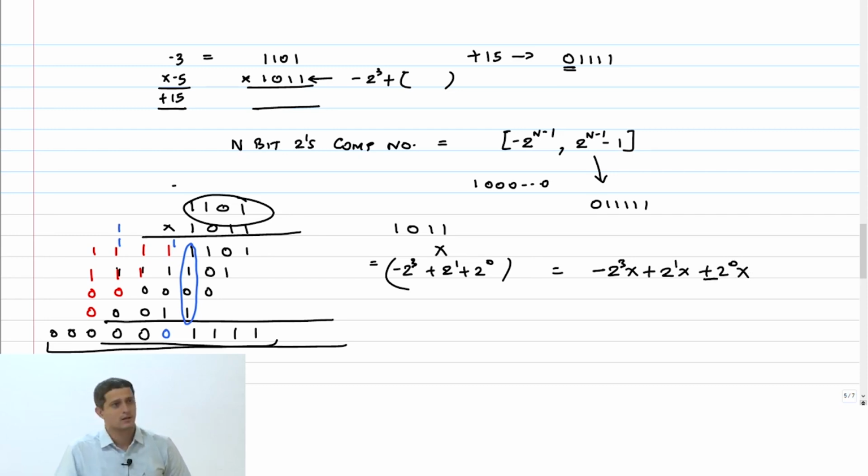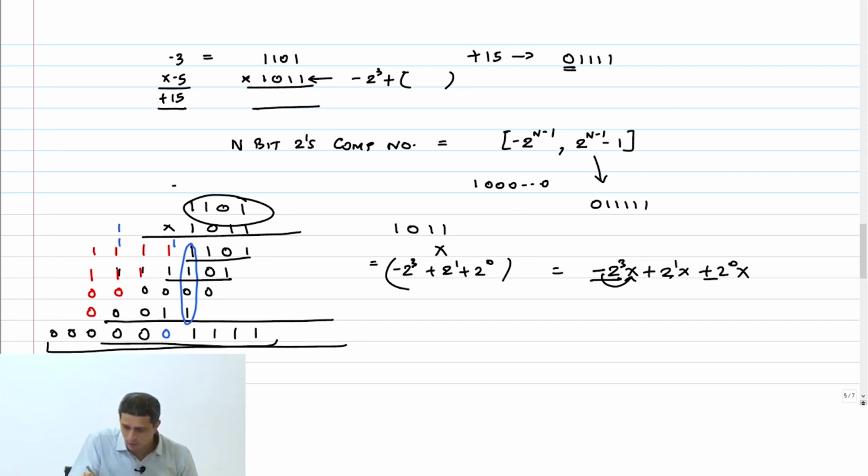Wherever there is a plus, we retain x as it is, right? 2 power 1x means we are shifting by 1 and retaining x as it is. Wherever there is a minus sign, I am absorbing this minus into x here. It will become minus x into 2 power 3, and therefore I am shifting by 3 bits and putting minus x there.